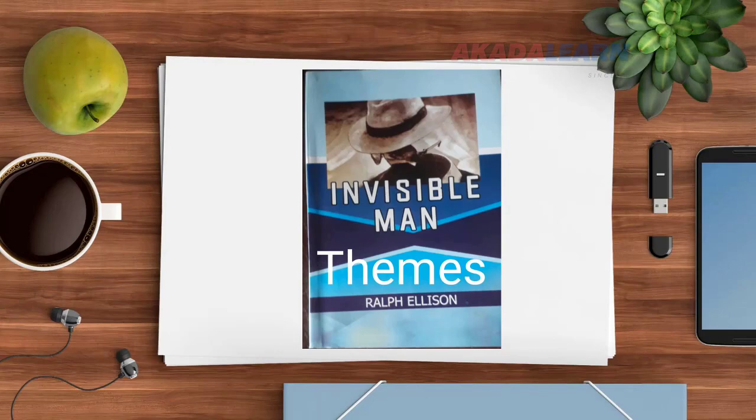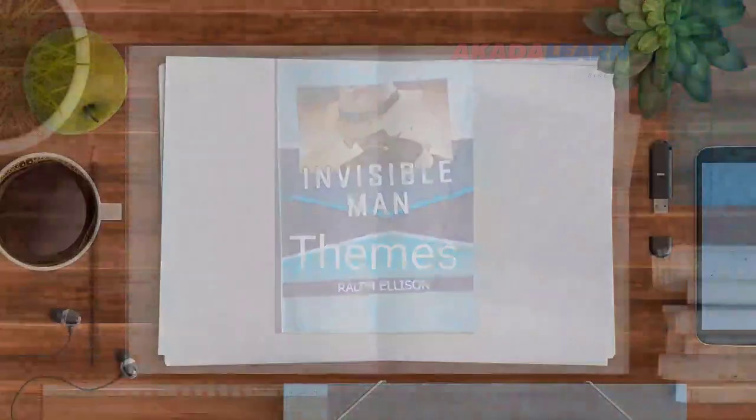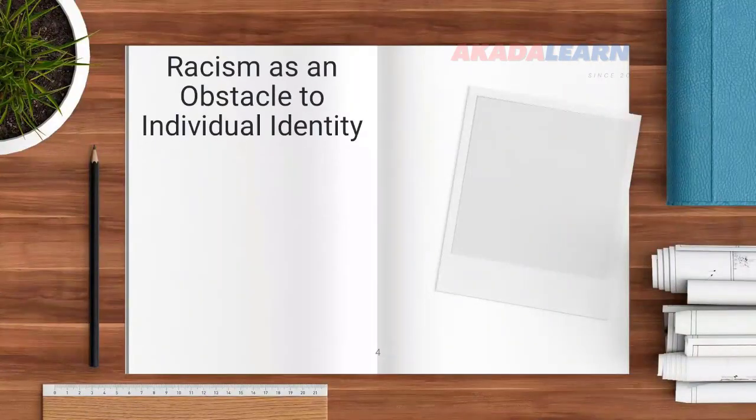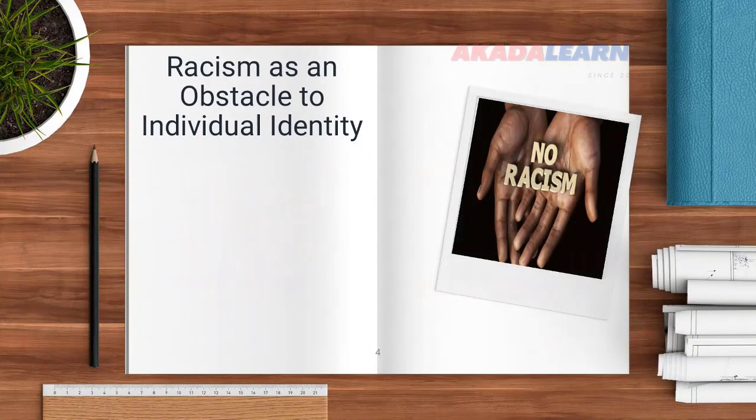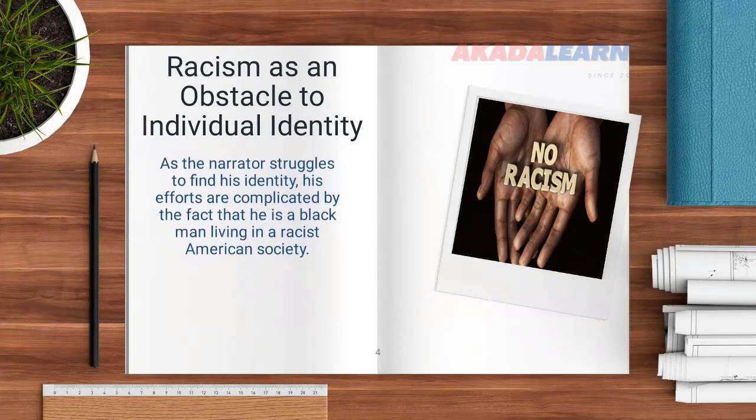What is the message Ralph Ellison is trying to send to the general public through his book, Invisible Man? The first message we're going to be seeing is that of racism as an obstacle to individual identity. As the narrator struggles to find his identity, his efforts are complicated by the fact that he's a black man living in a racist American society.